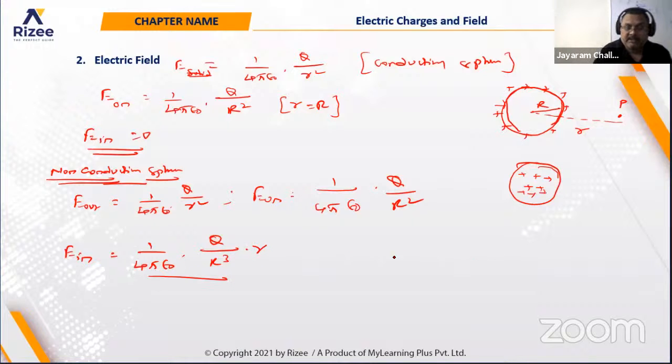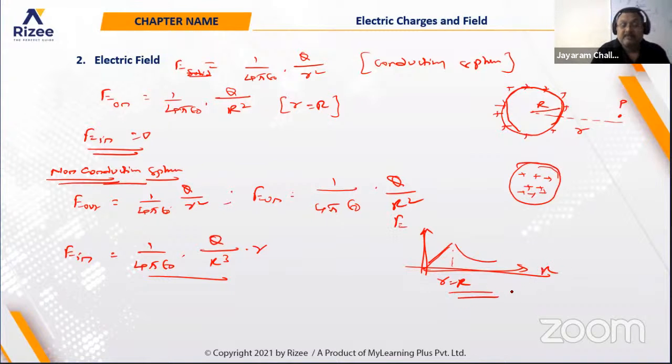Inside it is proportional to small r. If I plot a graph, it will be a straight line up to small r equal to capital R, and after that a rectangular hyperbola in E and r values. This is the type of graph we get in this situation.